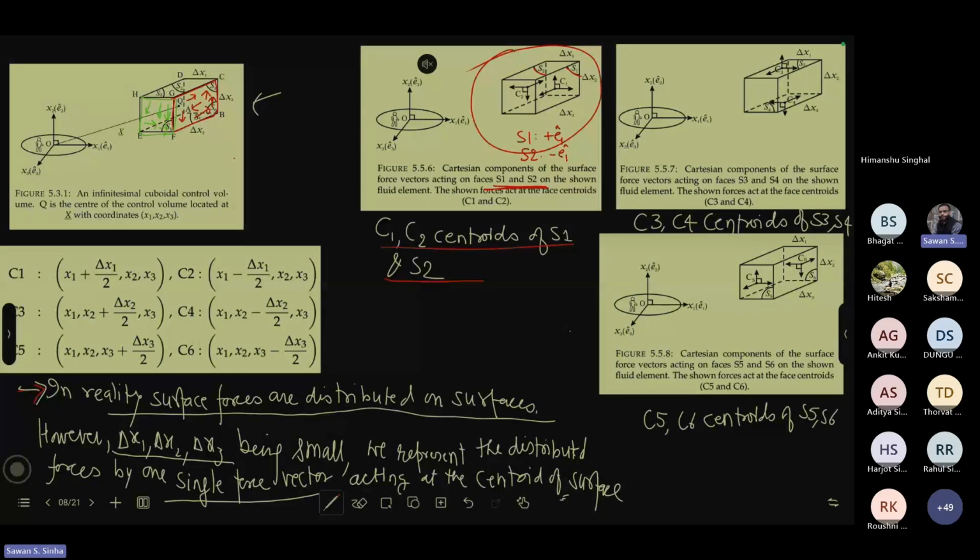Similarly, in this figure, I'm talking about S3 and S4 faces, where C3 is the centroid of S3 and C4 is the centroid of S4. And finally, in this figure, I'm talking about S5 and S6, and the corresponding centroids are C5 and C6.